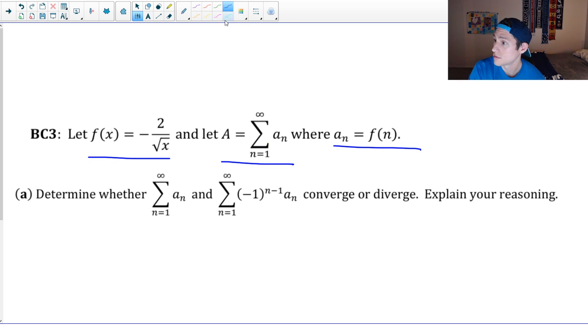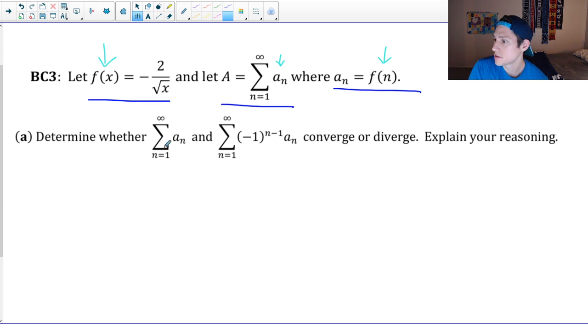So this series is a_n, but a_n is f of n, and f of n is based off of f of x. So it's just a chain of linking things together. It's a very complicated way just to write out that the series is this thing from 1 to infinity.